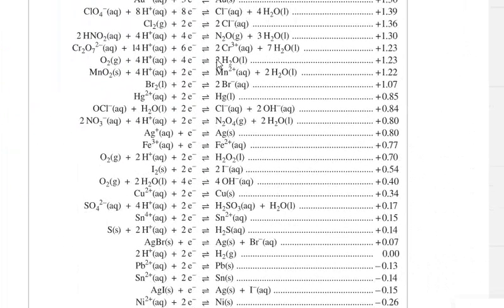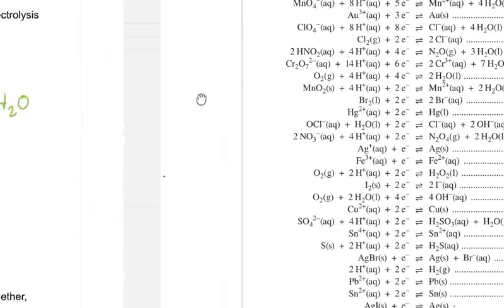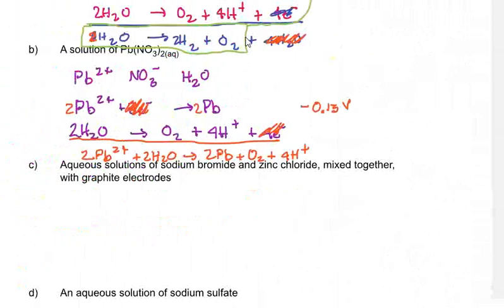In the book, it's 1.23 volts, but we were starting on the right side. We have this reaction going in reverse, so we're going to get minus 1.23 volts from it. When we add these two half reactions together, we add the voltages together, and we get minus 1.36 volts.